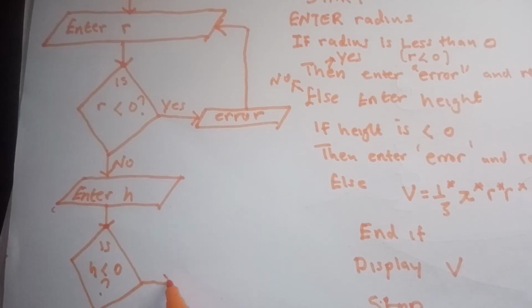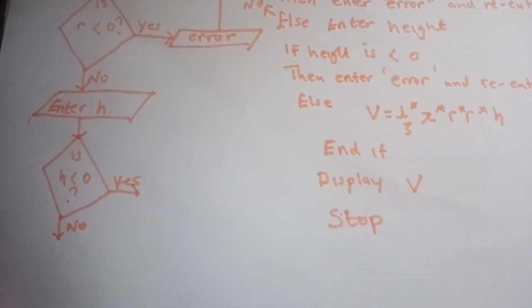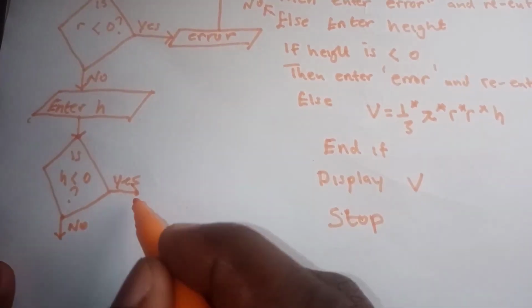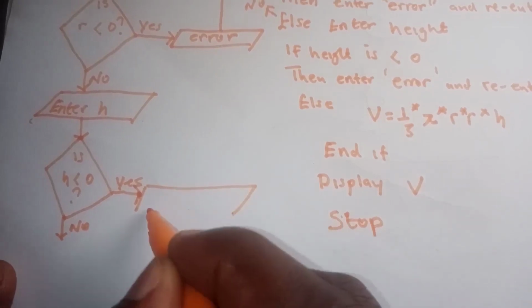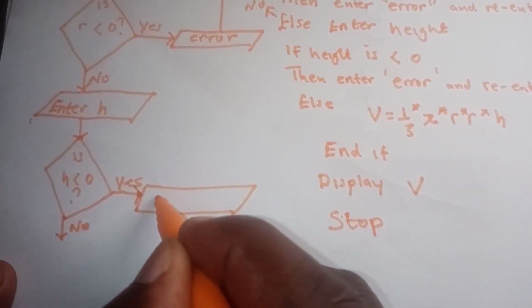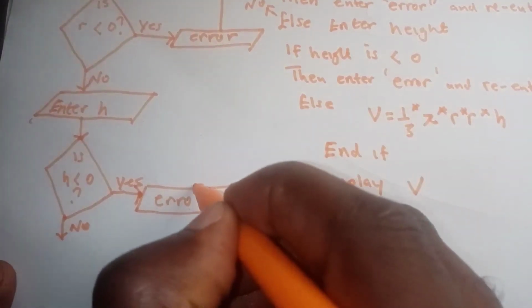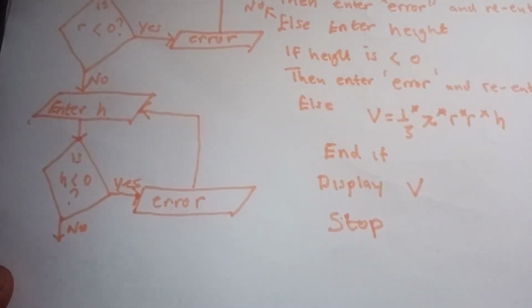This side will go with yes, here no. Yes, we're agreeing that h is less than 0, so we're supposed to enter error and re-enter. For re-entering, we take it back again.